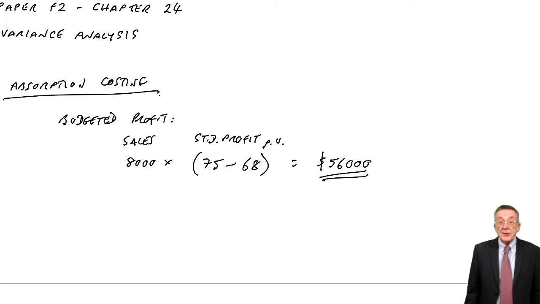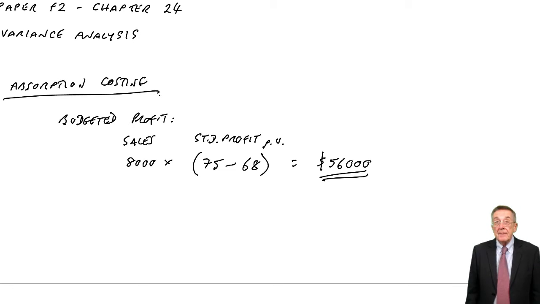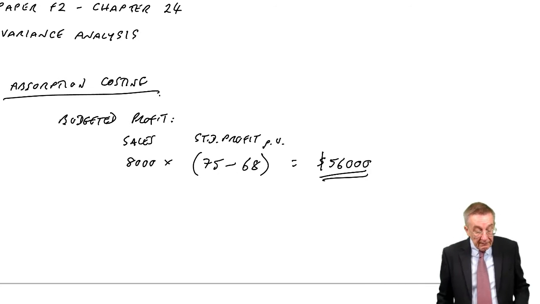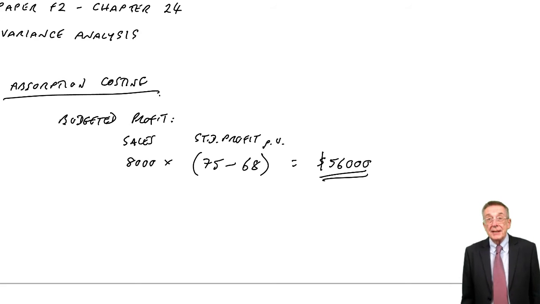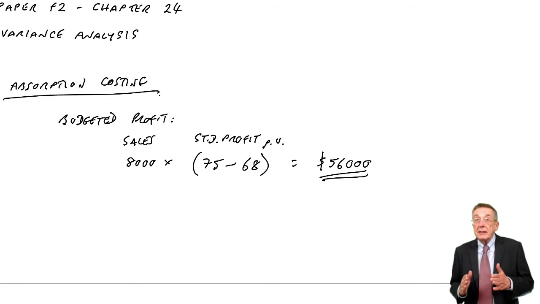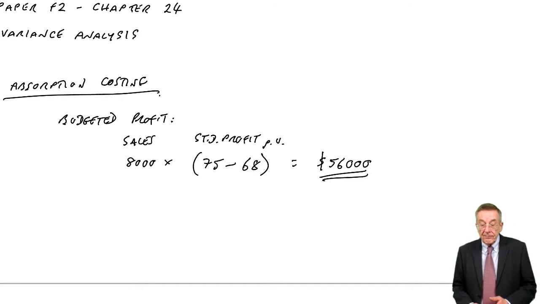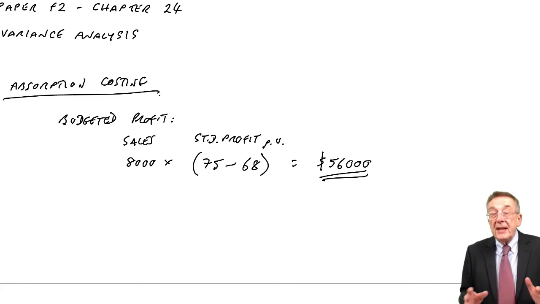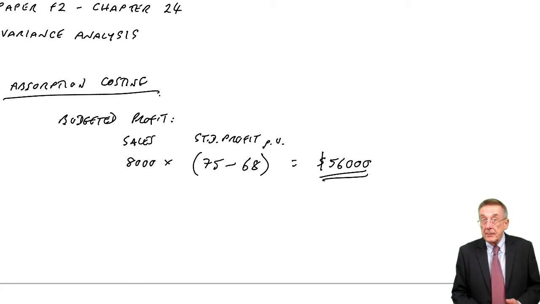And we've got there all the costs that were incurred: materials, labour, variable and fixed. If you remember from that budgeting chapter, the actual costs clearly could be different from what we were budgeting. And for all those reasons, the actual profit may turn out to be different. So ultimately, with variance analysis, our job is to explain why the actual profit is different than the budgeted profit.